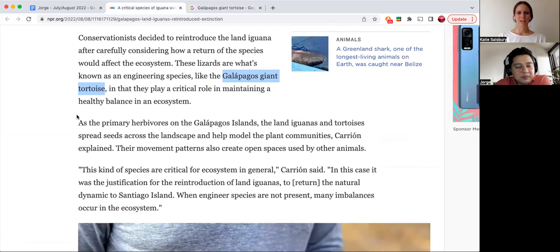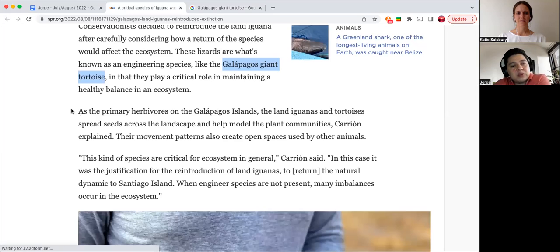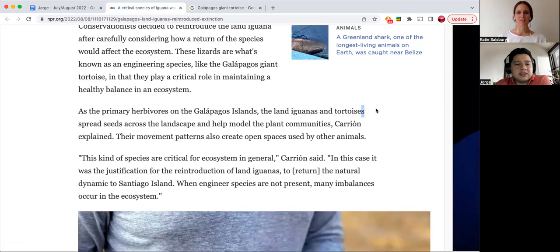Okay, so here we are. As the primary herbivores on the Galapagos Islands, the land iguanas and tortoises spread seeds across the landscape and help shape the plant communities, Carrion explained. So this is plural, tortoises. Their movement patterns also create open spaces used by other animals.